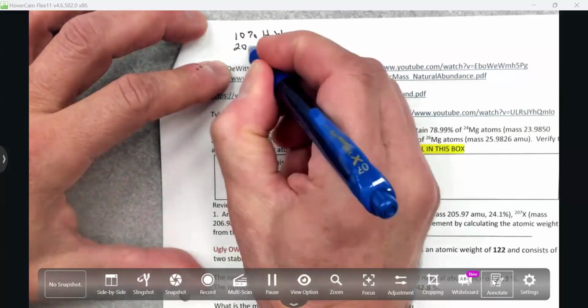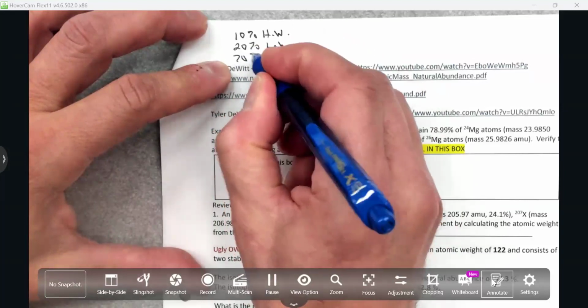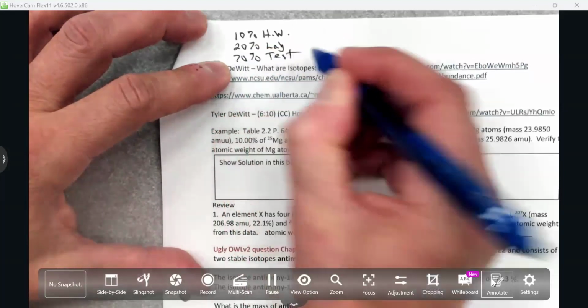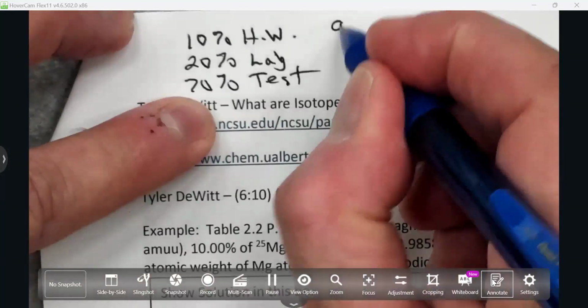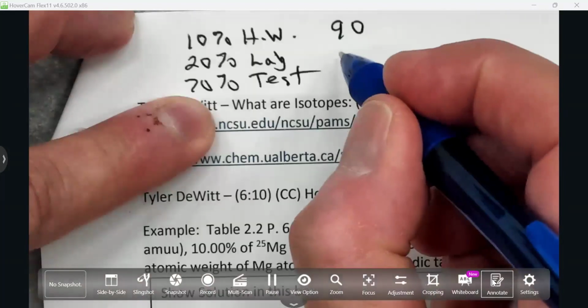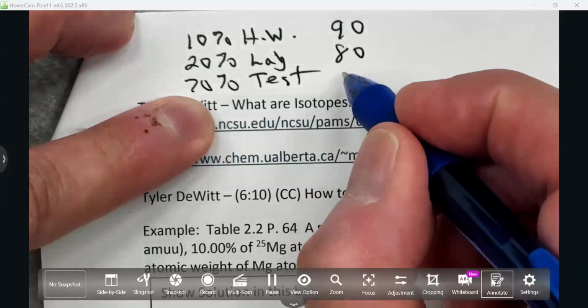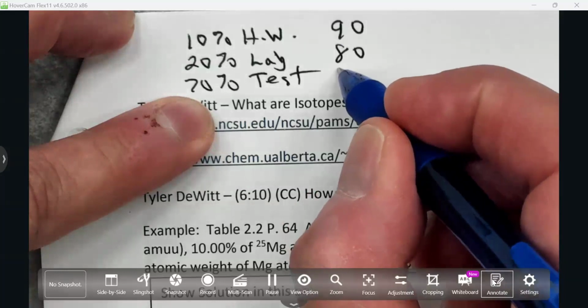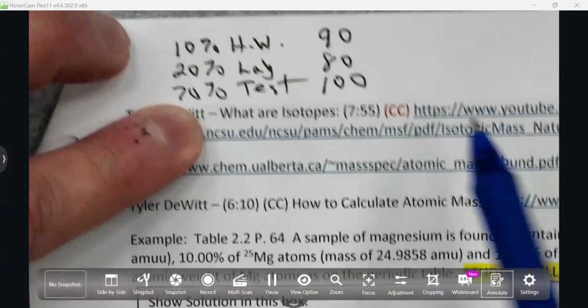Let's say 20% is lab, and that means 70% were tests. This is not it. Do not write this down because I don't have OWL in there. Let's say that your homework average is 90, your lab average is 80, and your test average is 100. What's the weighted average out of all that?